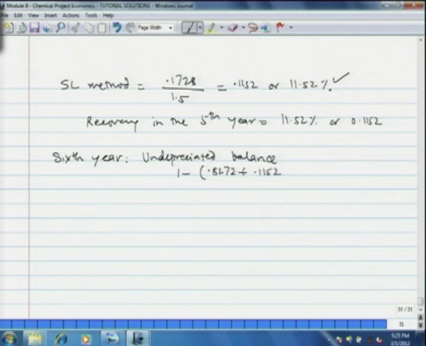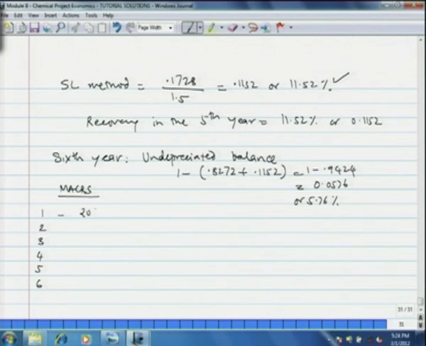This is balance up to the 5th year. So, 1 minus 0.9424 or 0.0576 or 5.76%. Okay.